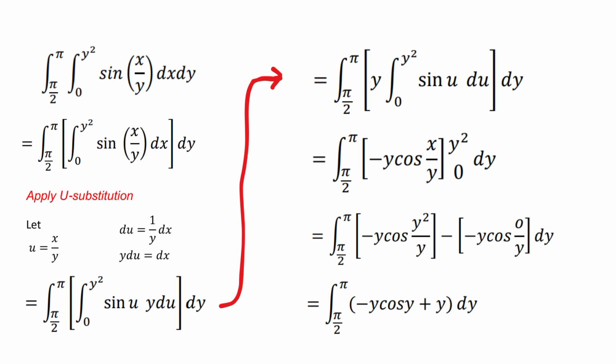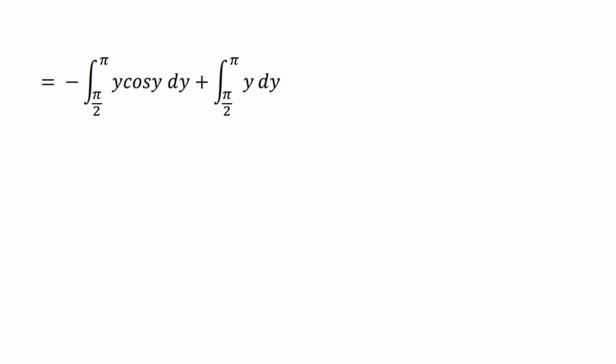By applying the rule of integers, negative times negative is equal to positive. So we have the integral of negative y cosine y plus y dy from pi halves to pi. Next is integrate them separately.